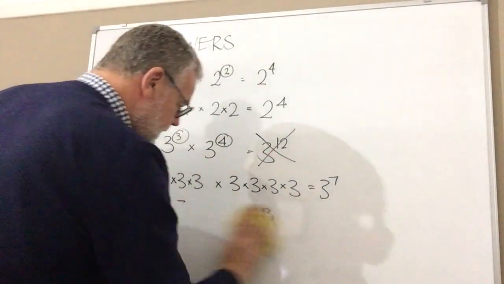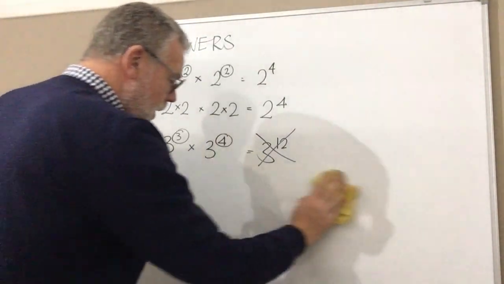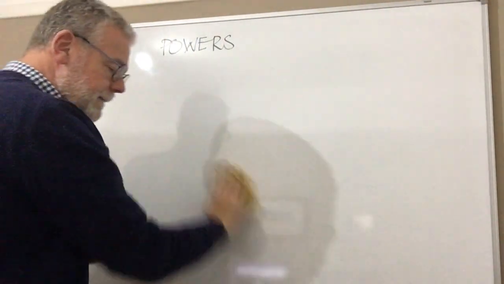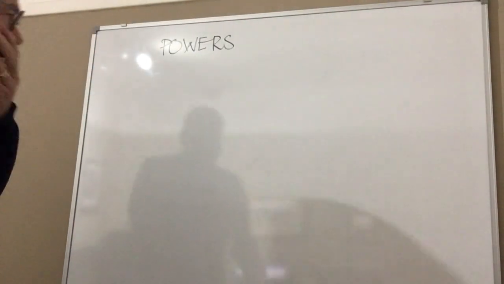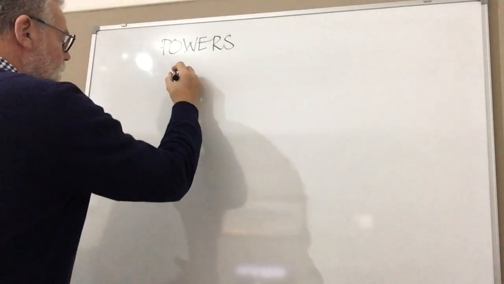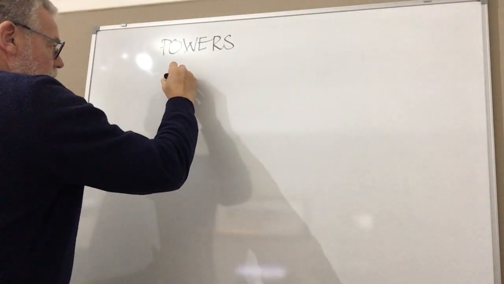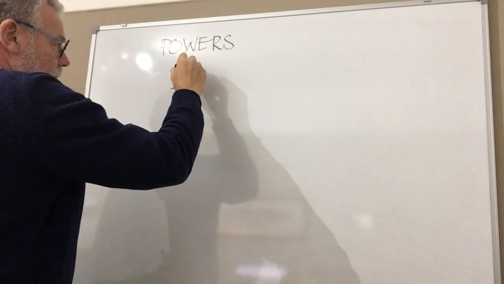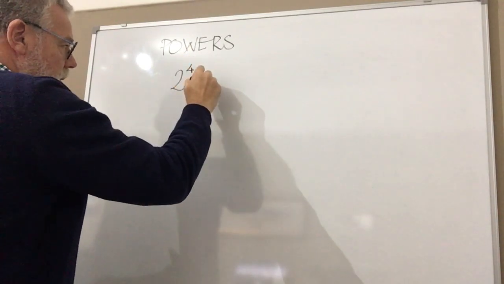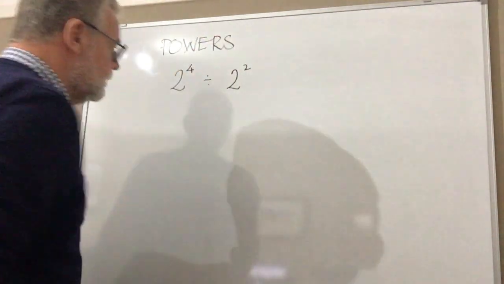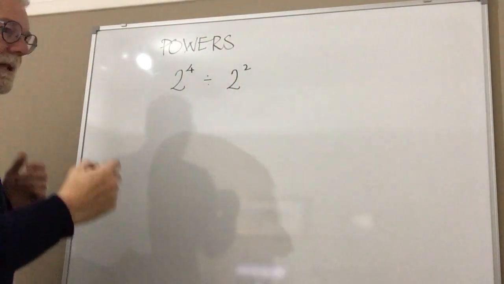Now, let's look at what happens when we are dividing using powers. Let's think of another example. Let's do what is 2 to the power of 4 divided by 2 squared. All right, so let's work this one out.